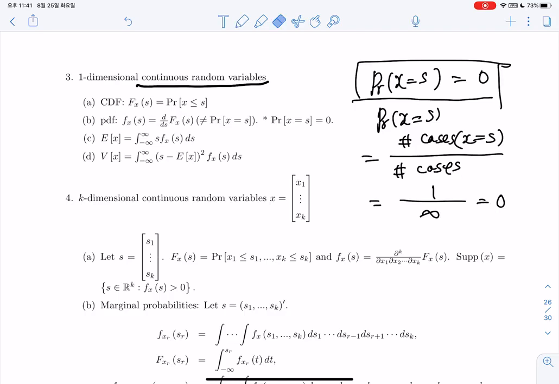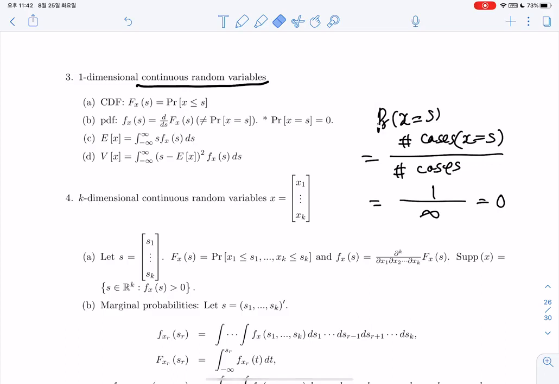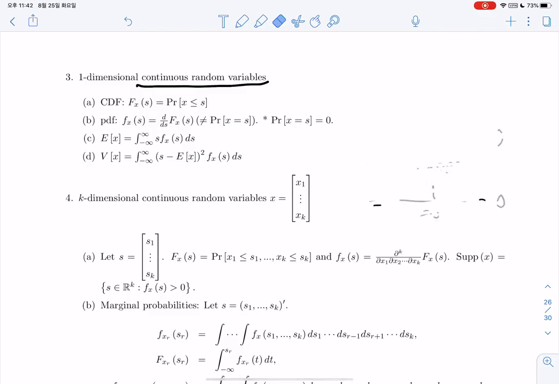But I guess all that matter here is the fact that point probability when your random variable is continuous is 0, and you have to distinguish the PDF from the probability interpretation. Whereas when you're dealing with discrete case, the PMF has an interpretation of point probability or probability mass at a point.